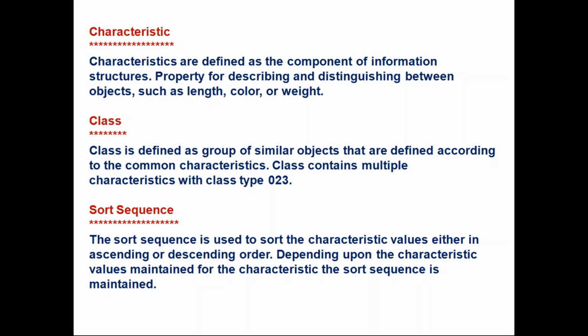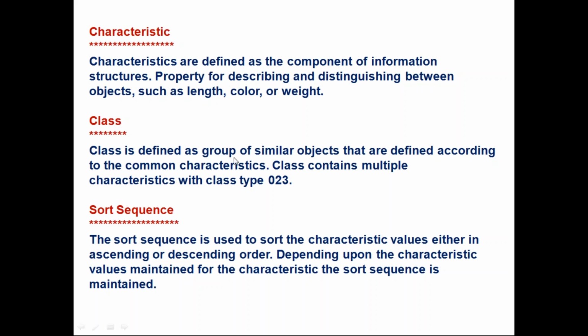Okay. So first, on what factors are we going to accept the material? Those requirements are created in the form of characteristics like color, weight, density, viscosity, expiration date, etc. Whatever characteristics we have created are maintained again in the class.